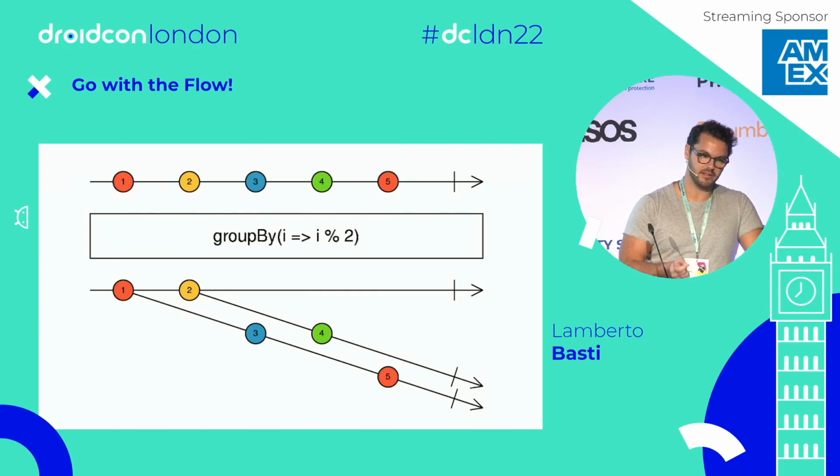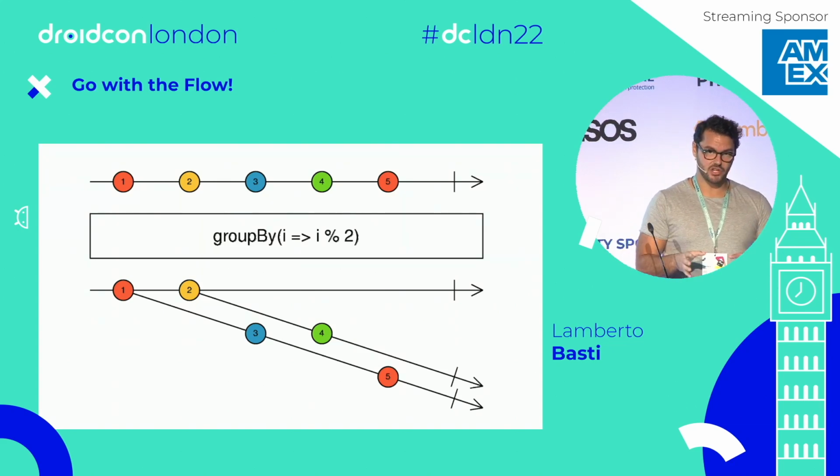So from the value, we generate a key, and then for each key, we're going to emit a flow only once, and all the elements from the upstream that generate that key will be emitted in the specific flow of that key. Now, it's harder to explain, but it's actually way easier to see what's going on.